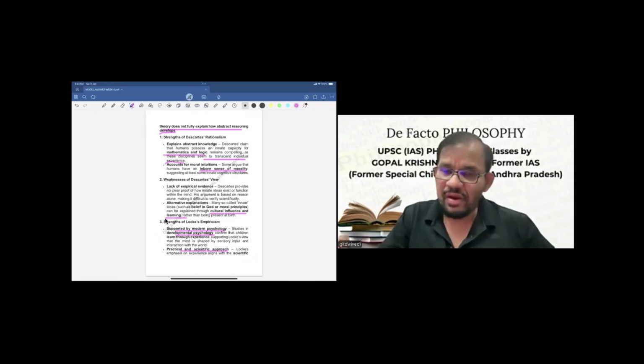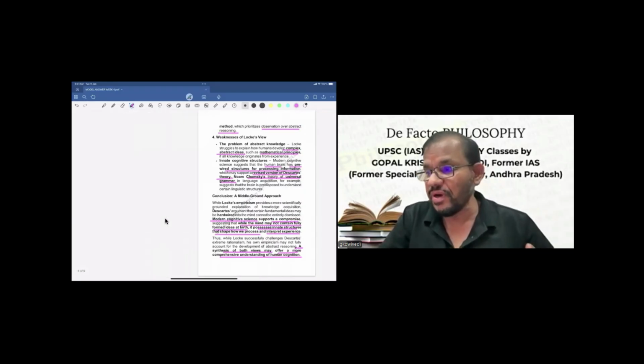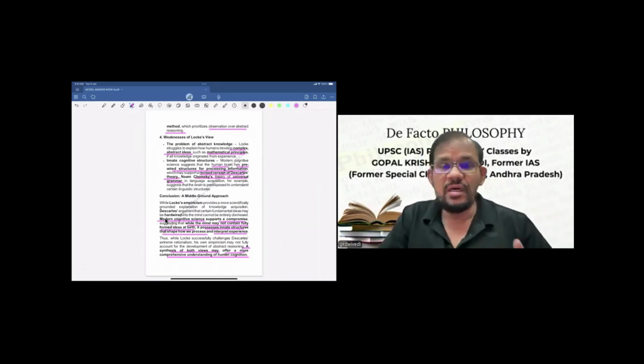If you want to conclude, a middle ground approach is perhaps better, and that is what even modern cognitive science supports.